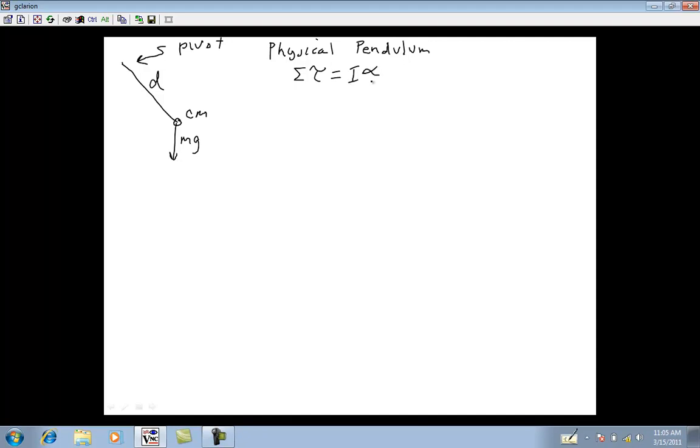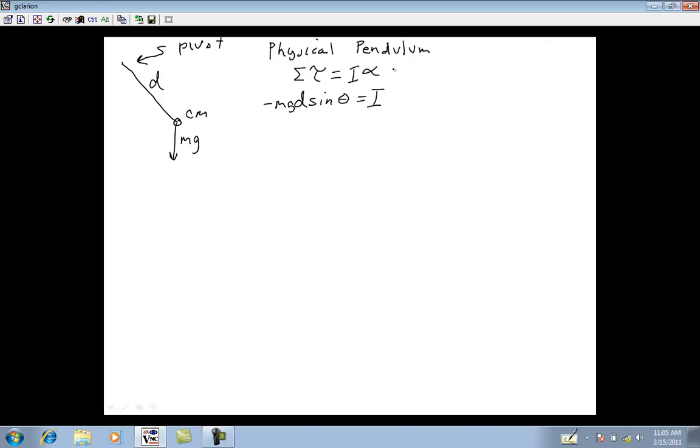Because again, this is a rigid body that's going to be moving back and forth. In a similar fashion, we're going to have minus mg, and now the d part of it, sine theta. So similar to the regular pendulum, and that's equal to I alpha.